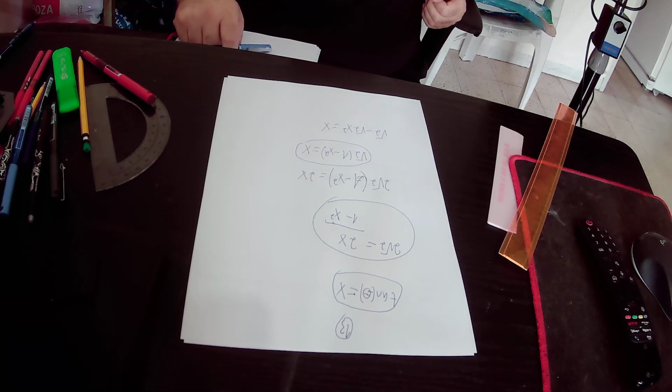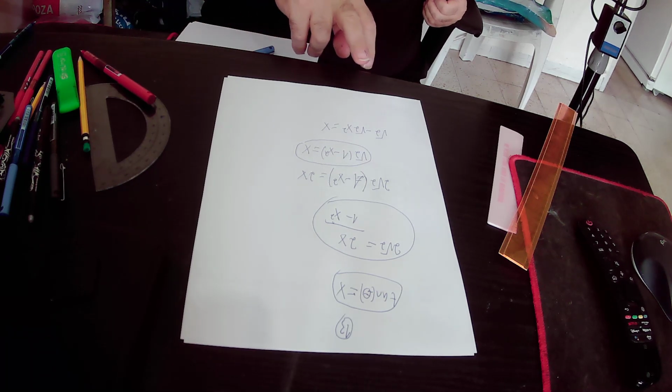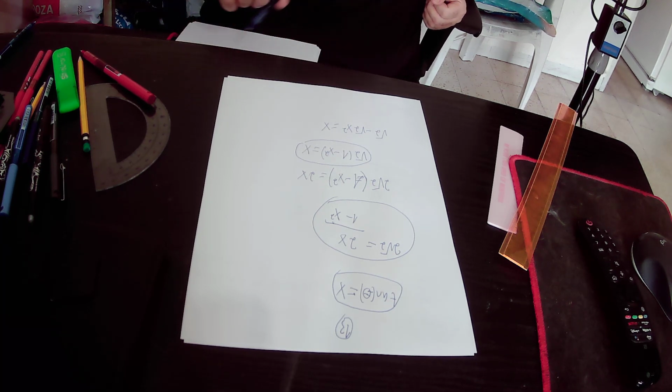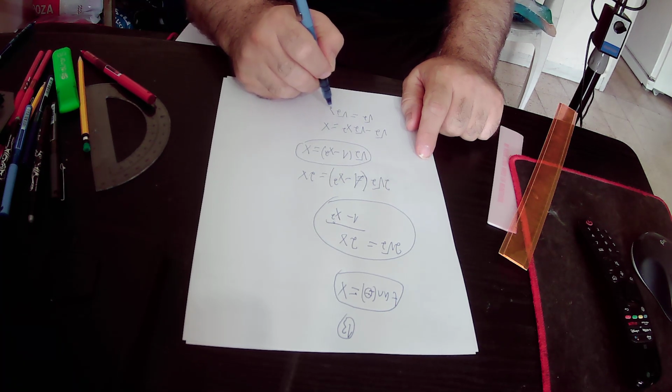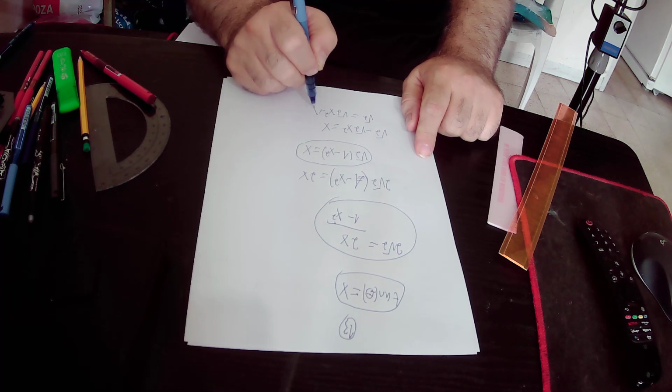Here we will add to this equality root 2 x squared. We will get that root 2 equals root 2 x squared plus x.